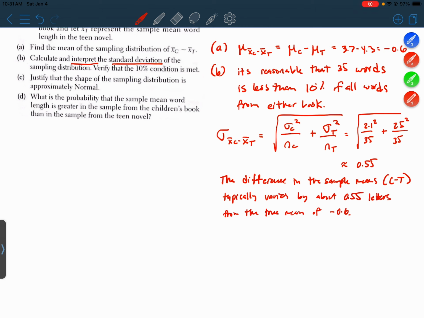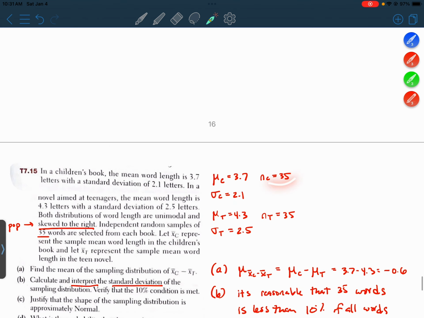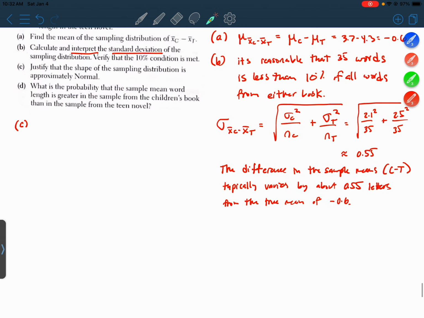All right, part C. Justify that the shape of the sampling distribution is approximately normal. So I alluded to this earlier. It's the fact that both sample sizes are sufficiently large. The central limit theorem guarantees that the sampling distribution is approximately normal.